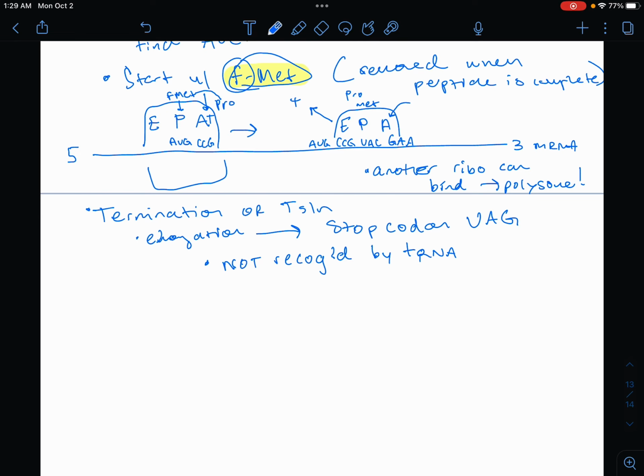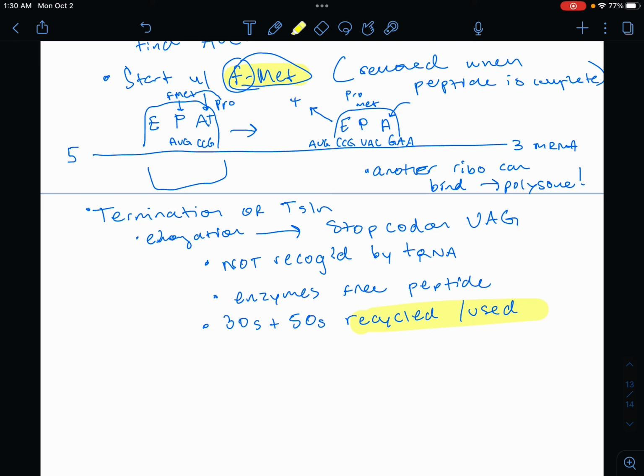So when it's not recognized by tRNA, the enzymes will free the peptide, and the 30S and the 50S subunits will be reused somewhere. They'll be used maybe on another mRNA that's been transcribed.